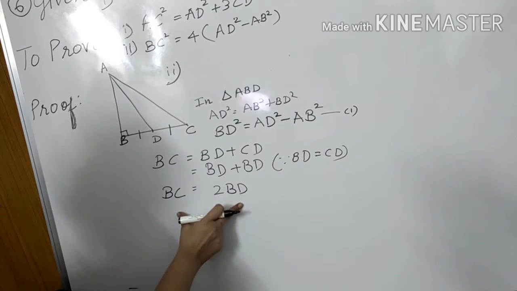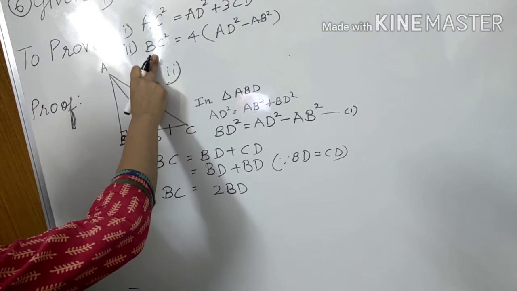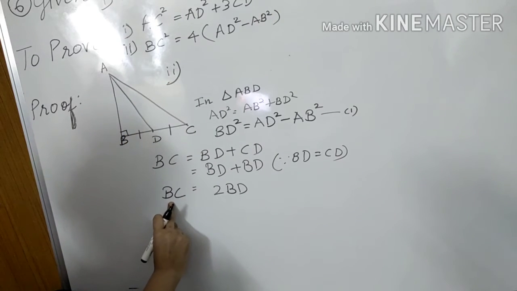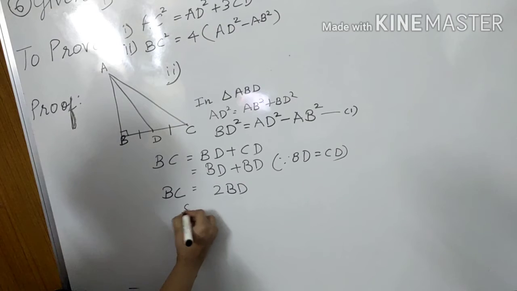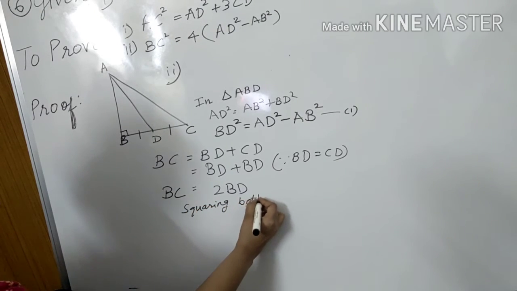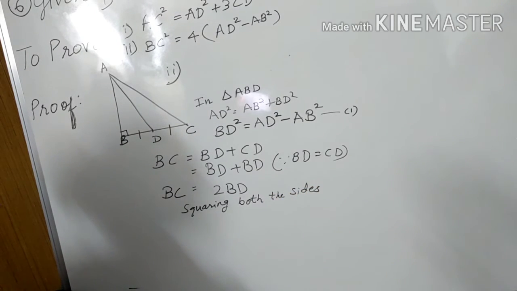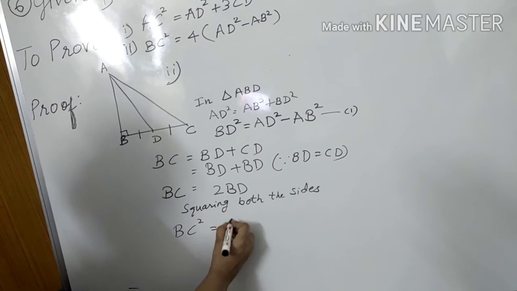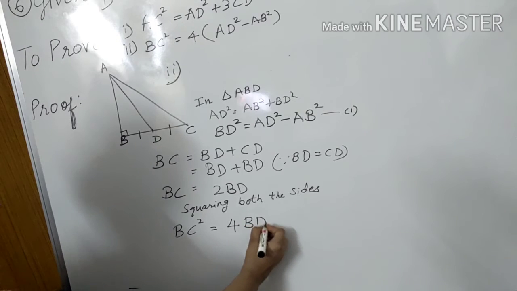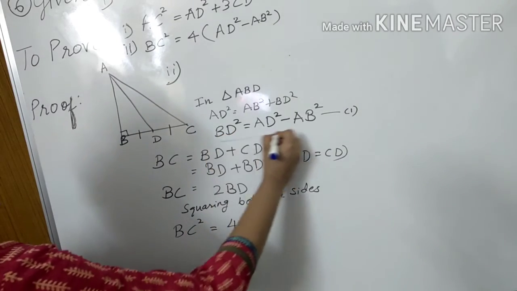Now we will square on both the sides. See students, as per the result we want in our second, I want a square on the left side. So I write squaring both the sides. So by squaring, I get here BC square, and here 2 square is 4 and BD square. But BD square is already written in our number 1 result.